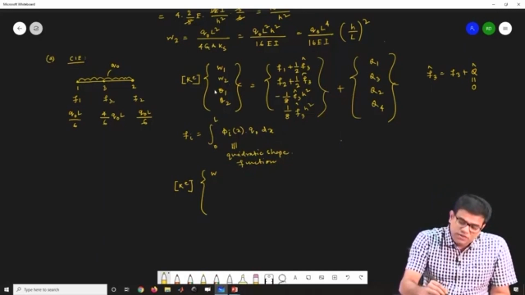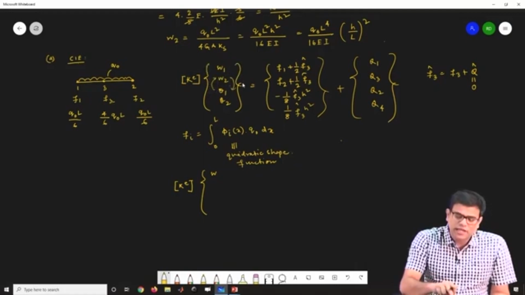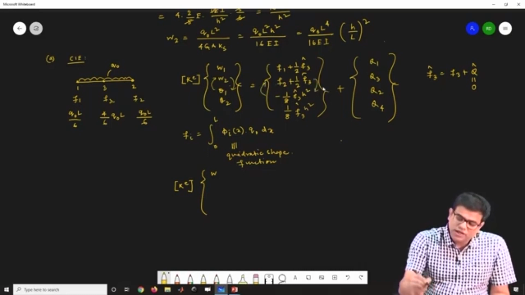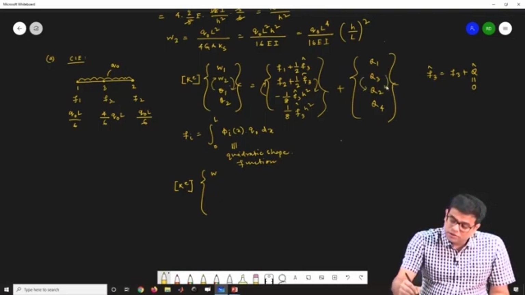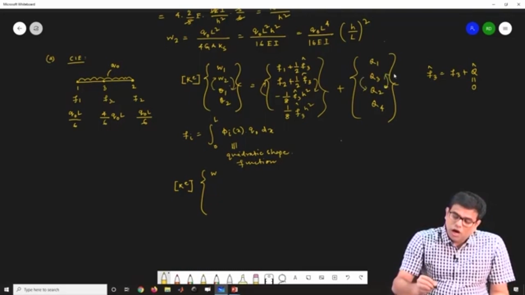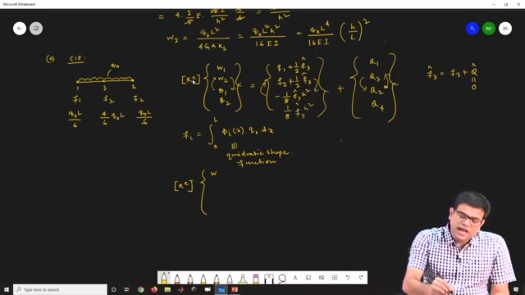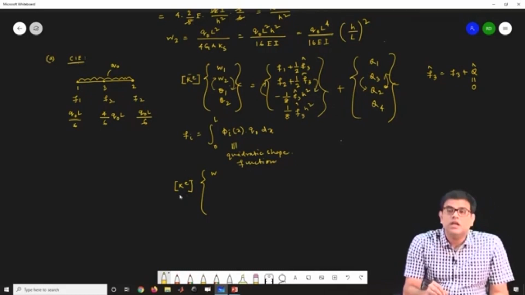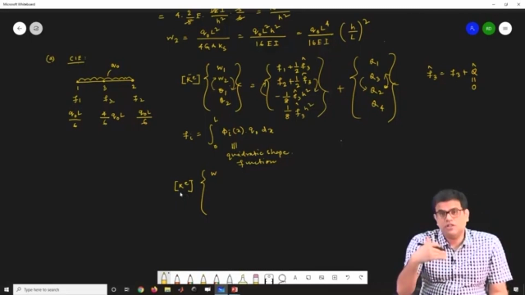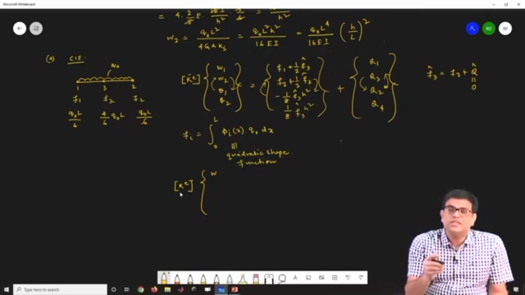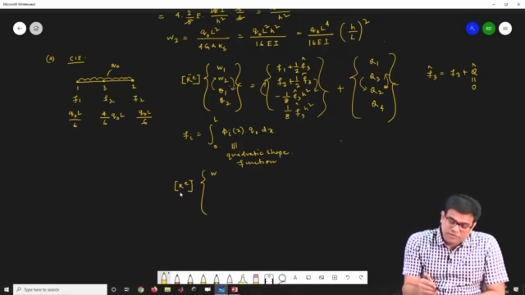So this will go here and this will go here, and accordingly my force vector will also change. Now this Ki, let us say this is bar, is consistent with this Ki, because I have to shift the rows and columns accordingly. It is just row and column shifting of the stiffness matrix.